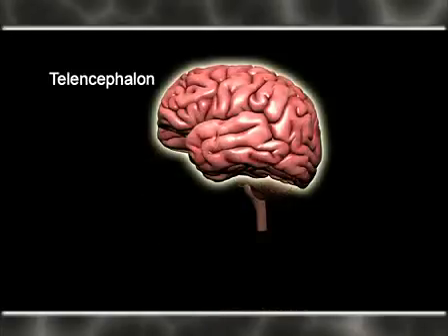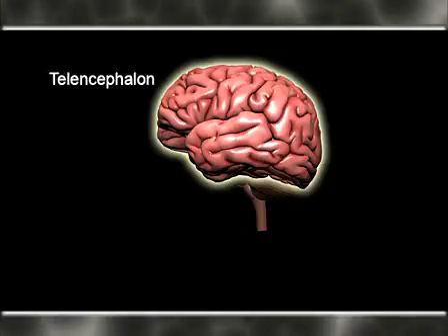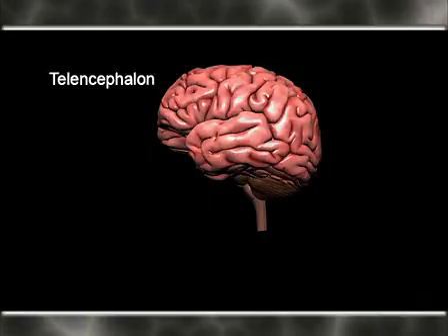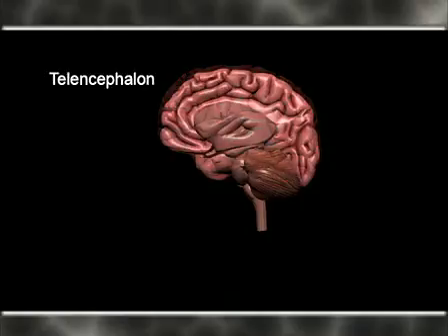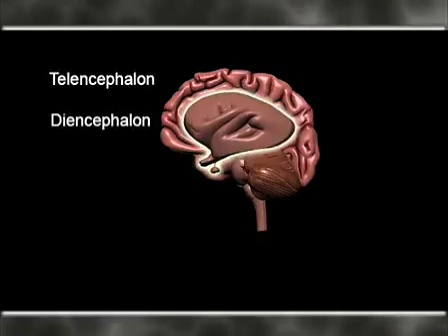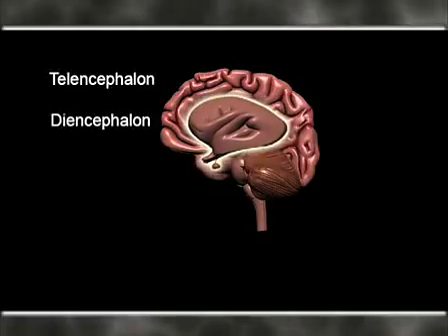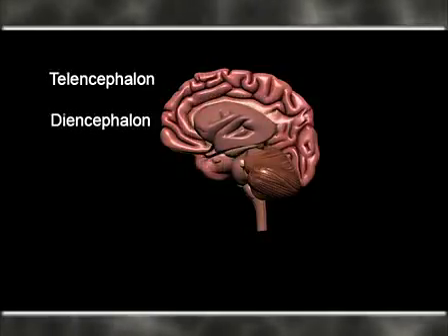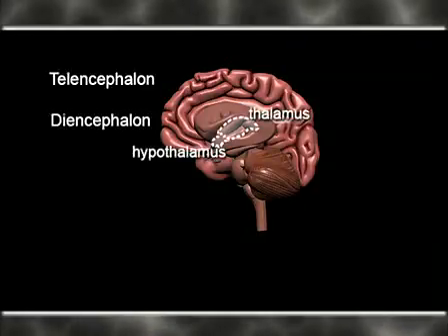Our telencephalon is basically this huge hemisphere that we can see from the external side out here, this huge thing that we think is characteristic of the human brain. If we could look through this hemisphere then, we could see the next subdivision of the brain, which is the diencephalon. And the diencephalon is composed of 2 subunits, the thalamus and the hypothalamus.